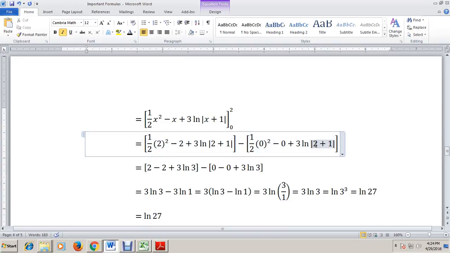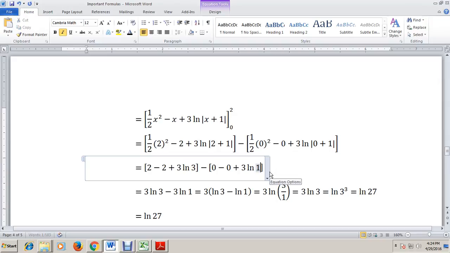So this becomes 1. We have 3 ln of 0 plus 1 for the substitution, and this becomes 3 ln of 1. So this becomes 3 ln of 3 minus 3 ln of 1.